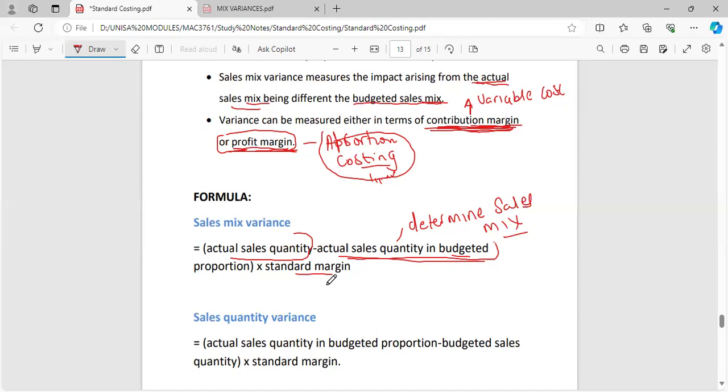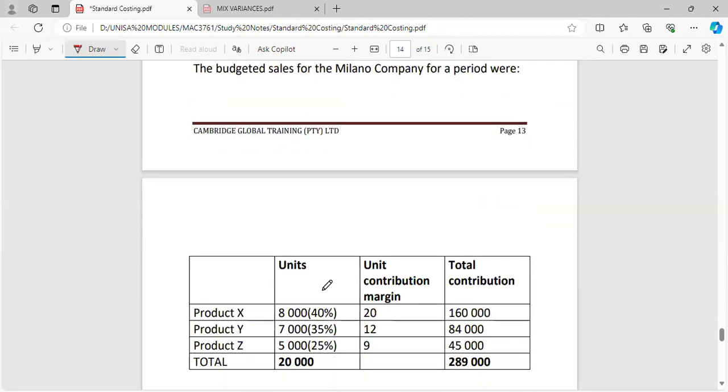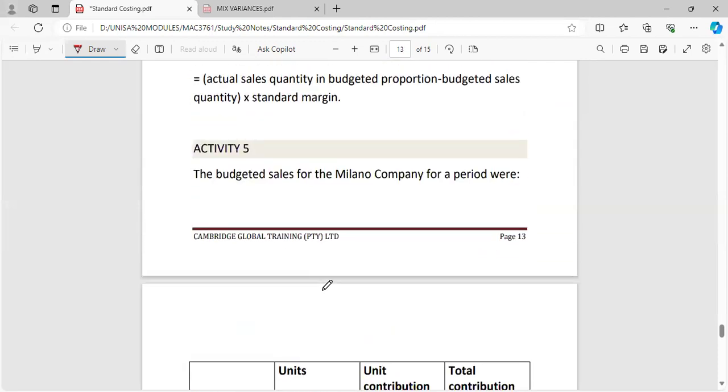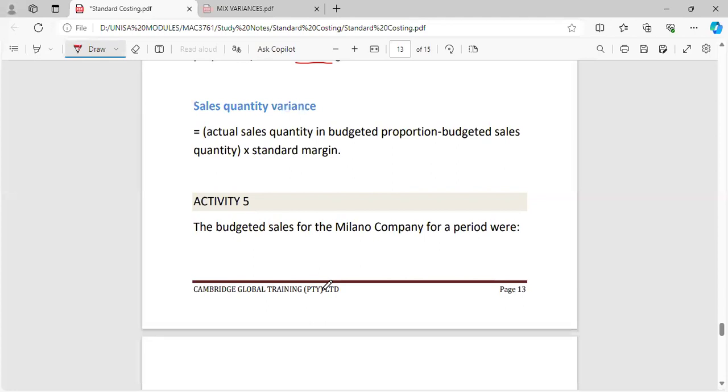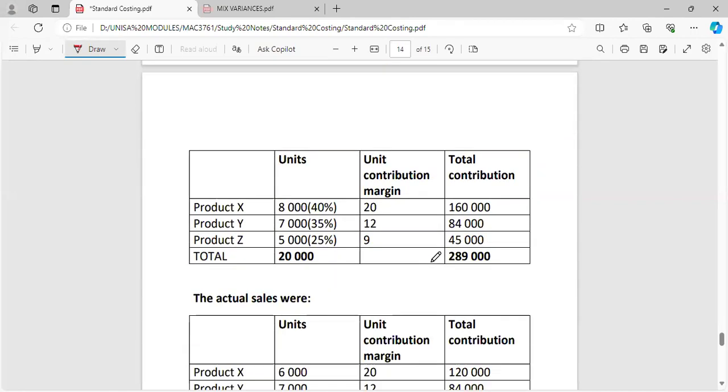Right, so I think there's a question that I have that I want us to use to demonstrate this sales mix variance. They say the budgeted sales for the Milano company for a period were these.